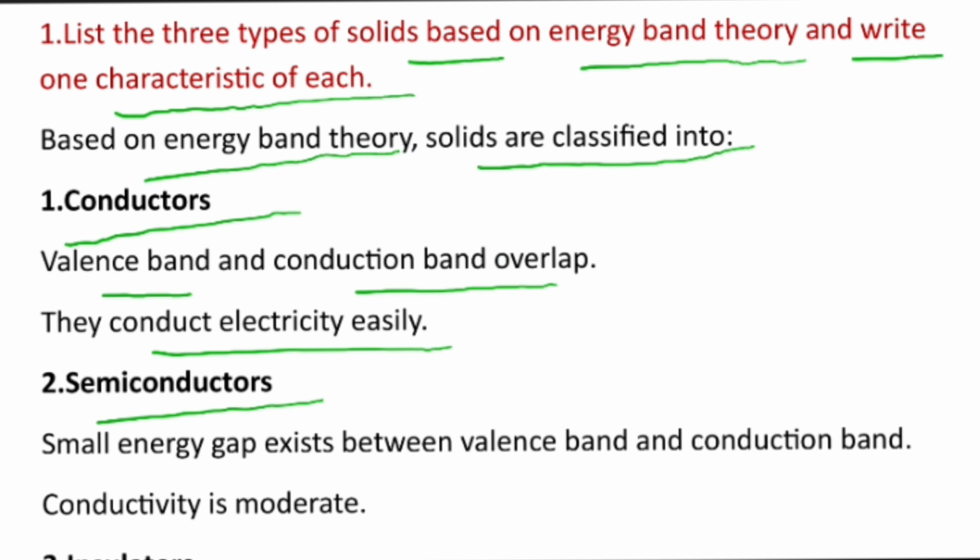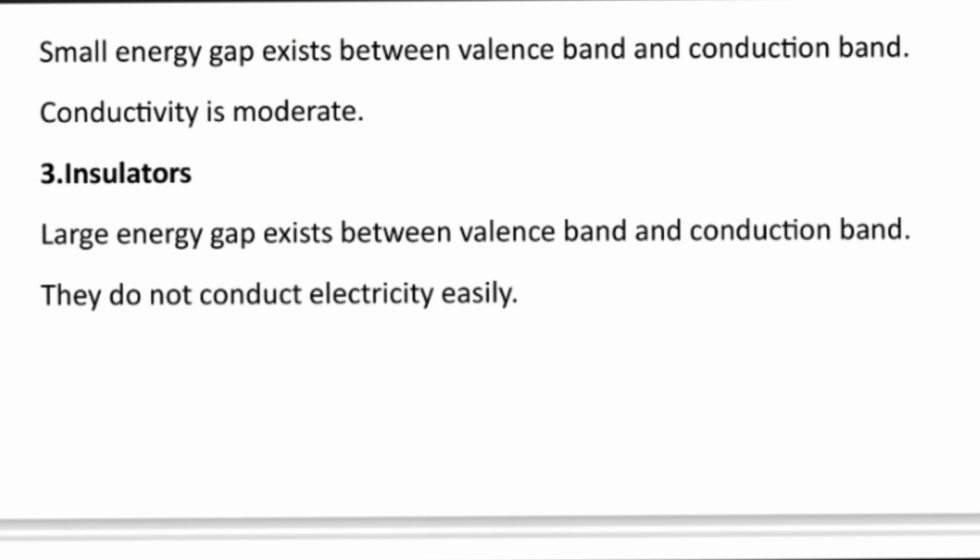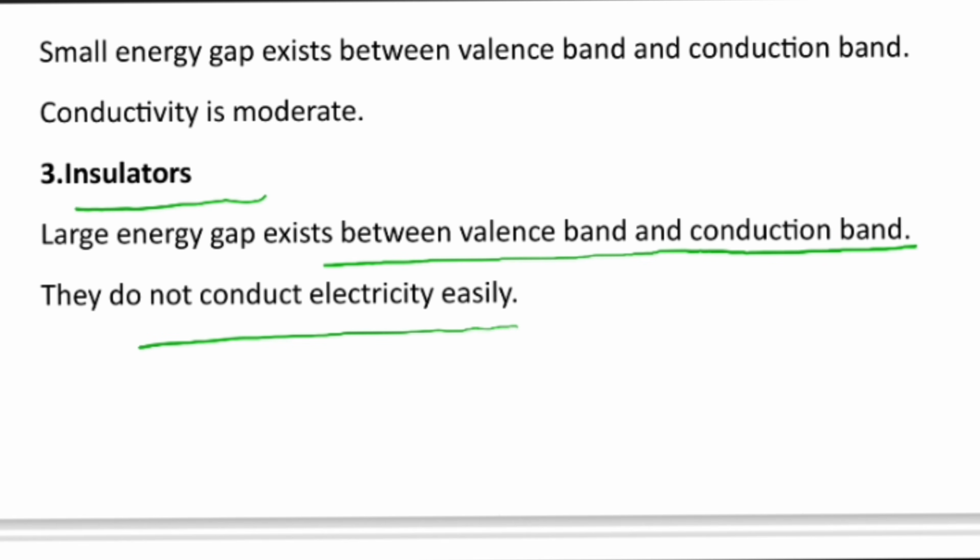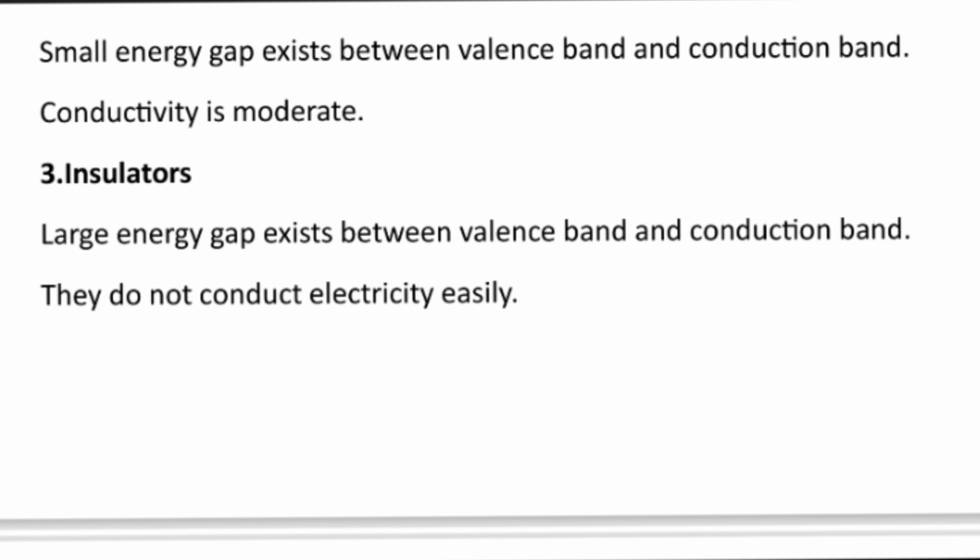Coming to semiconductors, they have a small gap between the valence band and conduction band. Their conductivity is moderate. Third one is insulators. They have a large energy gap between the valence band and conduction band, so they do not conduct electricity easily.